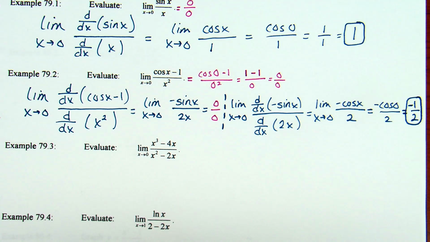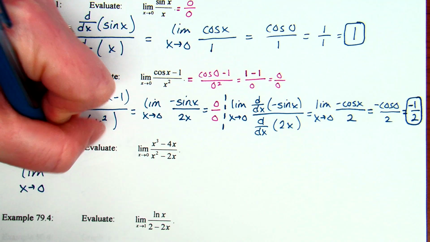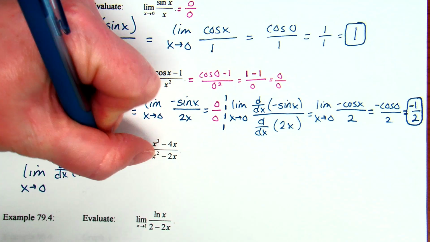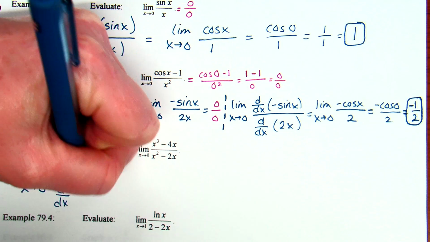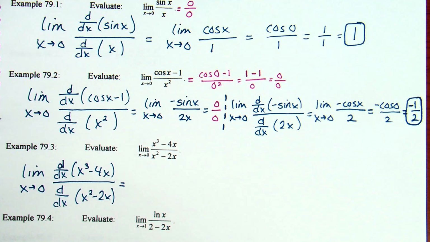Okay, so we have to come up with a plan B. And so the limit as x approaches 0, we're going to do the derivative of x cubed minus 4x over the derivative of x squared minus 2x.